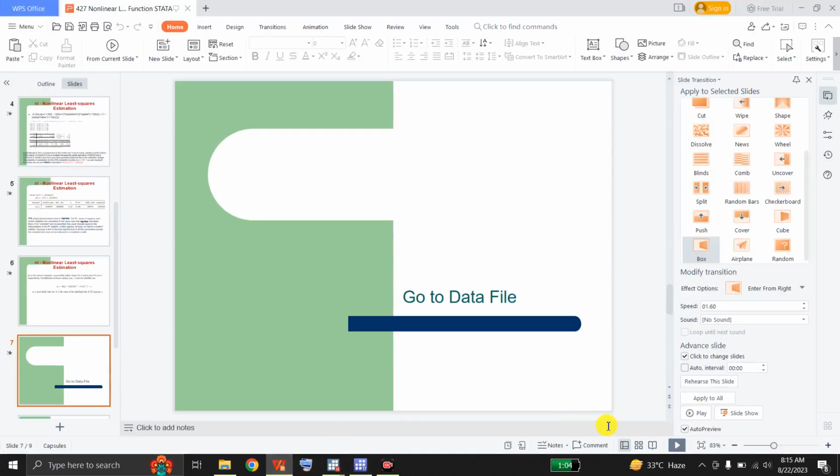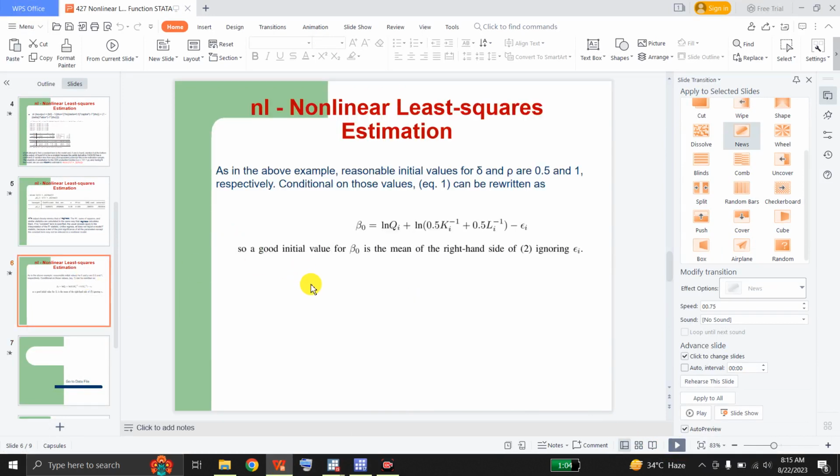Let me share with you the final stage of this, the final result. In the above example that I just did, reasonable initial values for sigma and rho are 0.5 and 1 respectively. This we assumed in the constant elasticity of substitution production function.